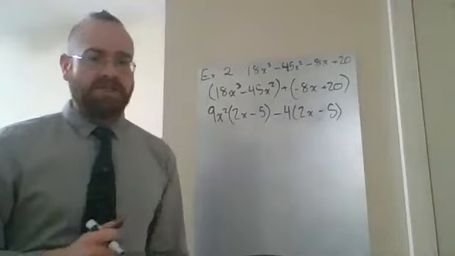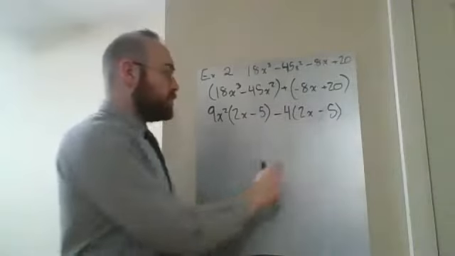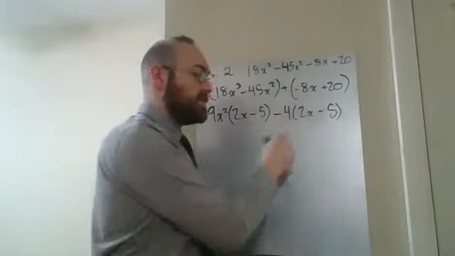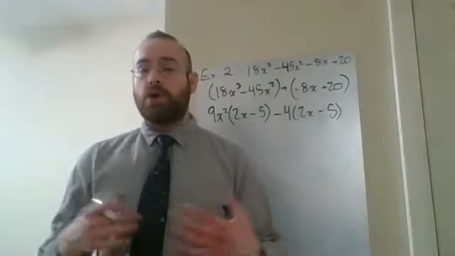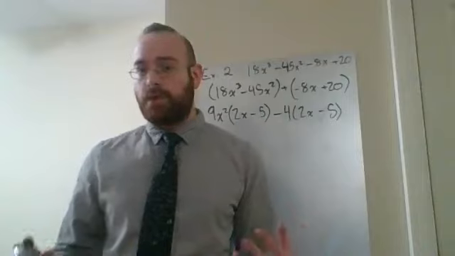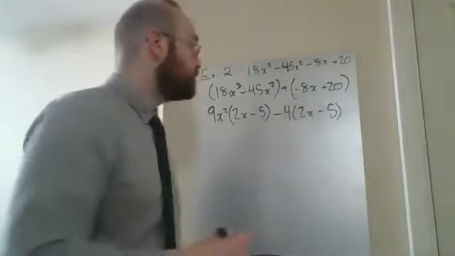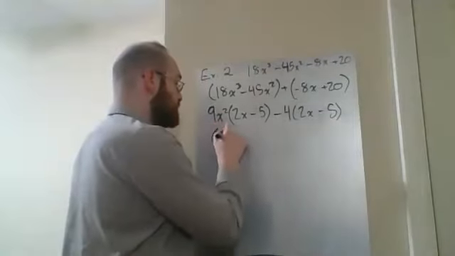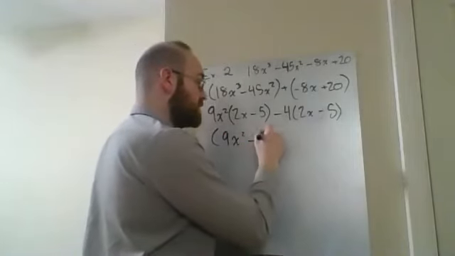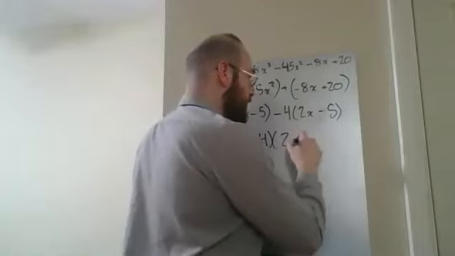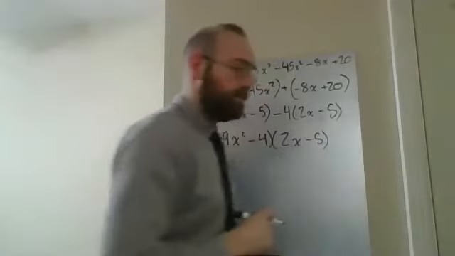Now, if you hadn't factored out the negative sign, you would not have these two factors match. So that's a good cue to go back and factor them. It would only be off by a negative sign, so at that point it should be pretty straightforward to see. So now we can separate these into two different factors, 9x squared minus 4 and 2x minus 5.